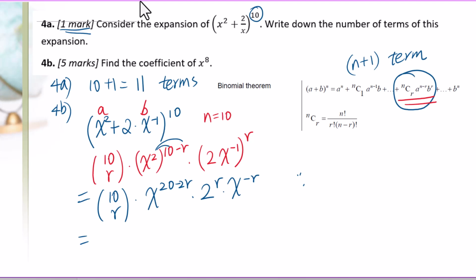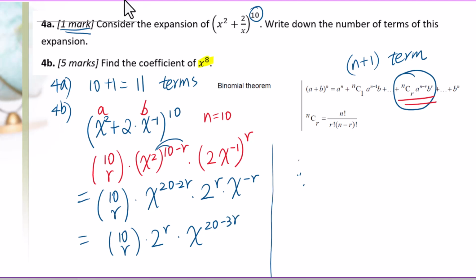We will put the coefficient first: 10 choose r times 2 to the r's power. Multiplying powers, we add exponents, so x to the 20 minus 3r's power. We are looking for the coefficient of x to the 8th power, which means 20 minus 3r equals 8.